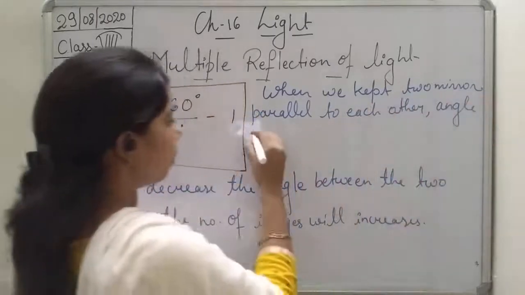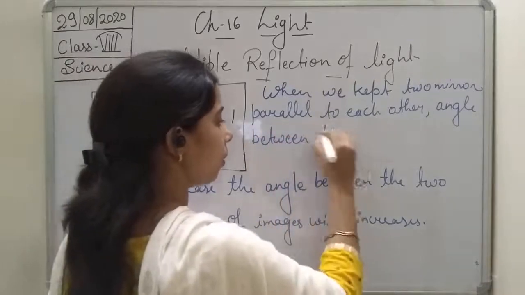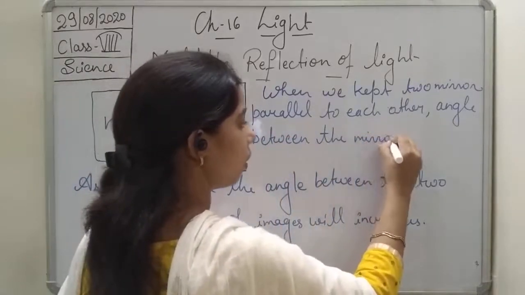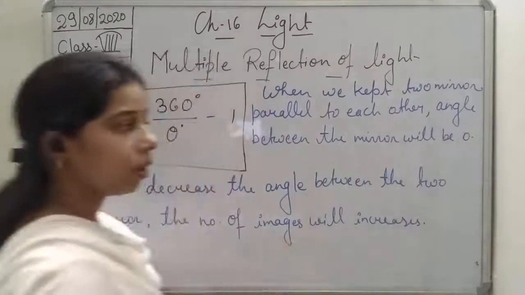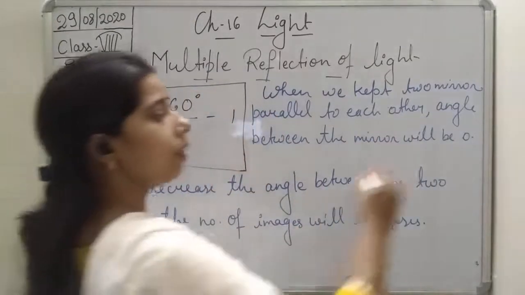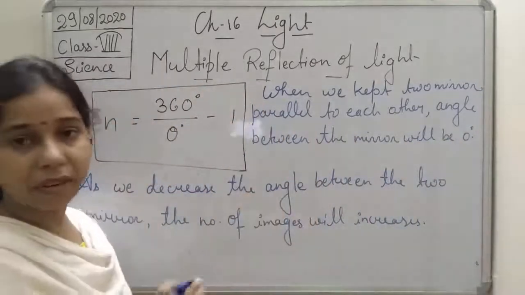The angle between the mirrors will be 0. Okay, so the angle between them will be 0 degree students. So the number of images will be infinite.